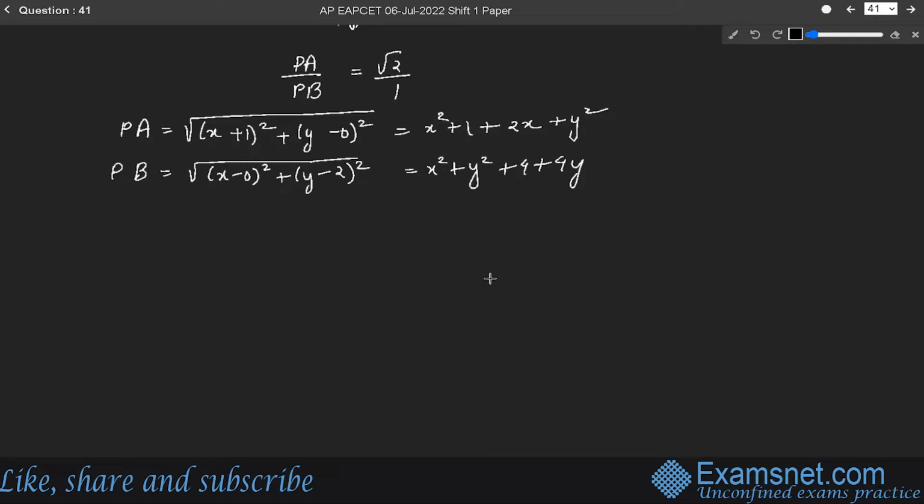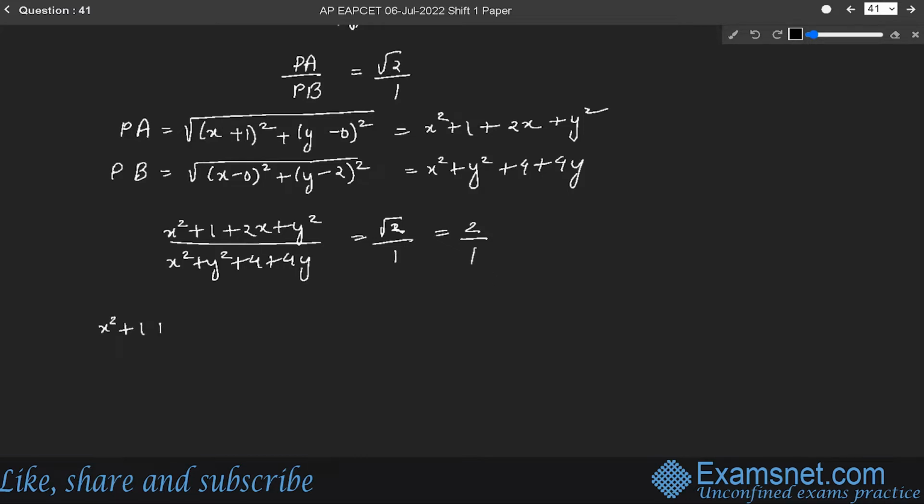Now, on substituting this value, we get (x square plus 1 plus 2x plus y square) divided by (x square plus y square plus 4 minus 4y) is equal to √2/1. On squaring, the right hand side will be 2/1. So on cross multiplying, this becomes x square plus 1 plus 2x plus y square is equal to 2x square plus 2y square plus 8 minus 8y.